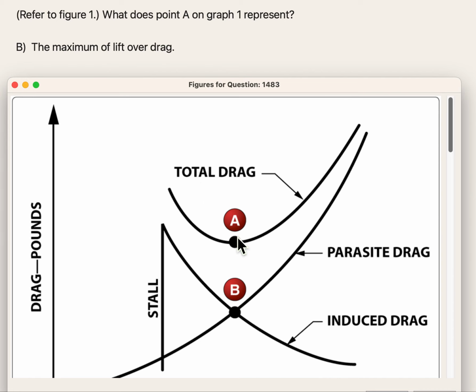So it is the maximum lift over drag. So total drag is at a minimum.